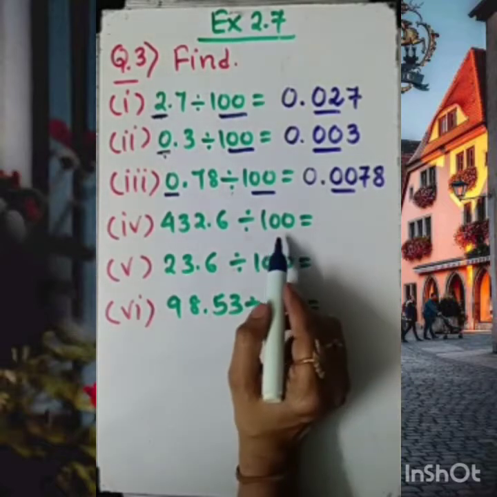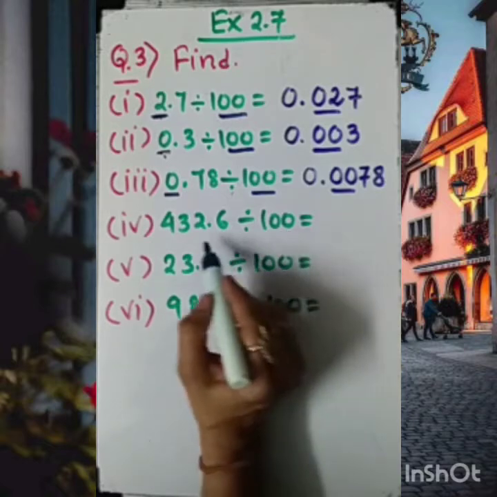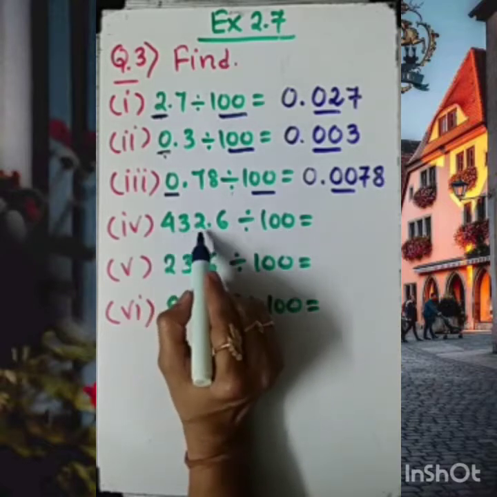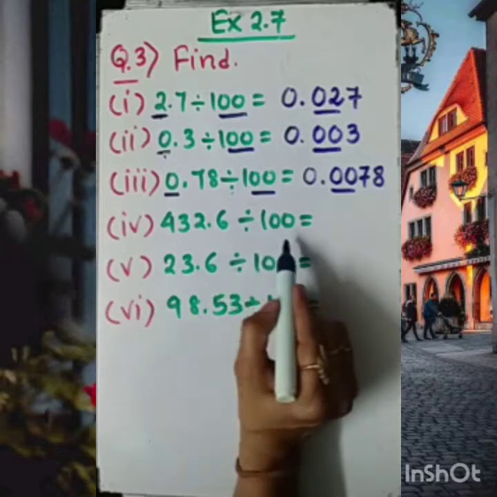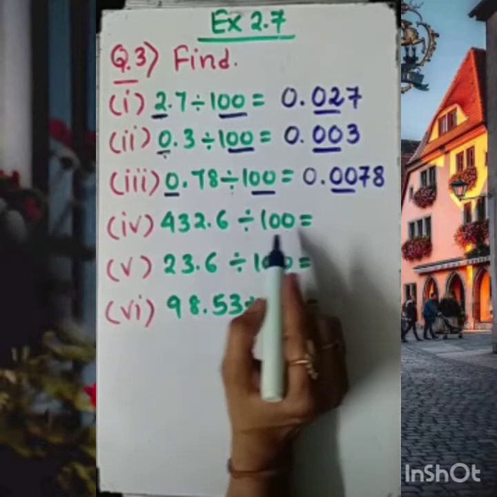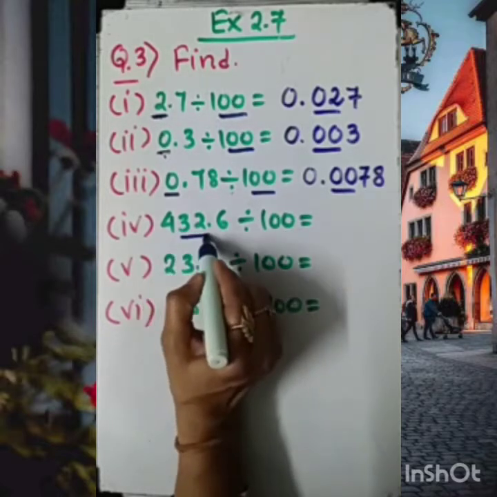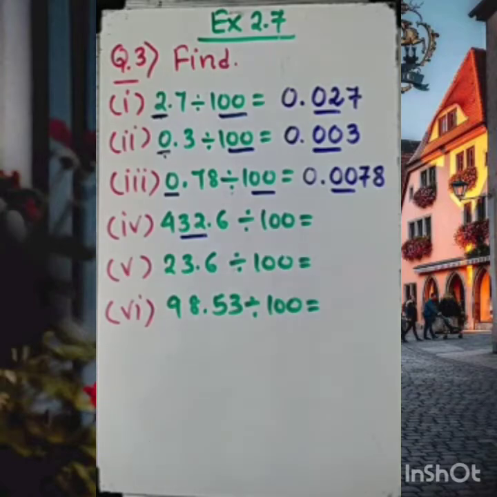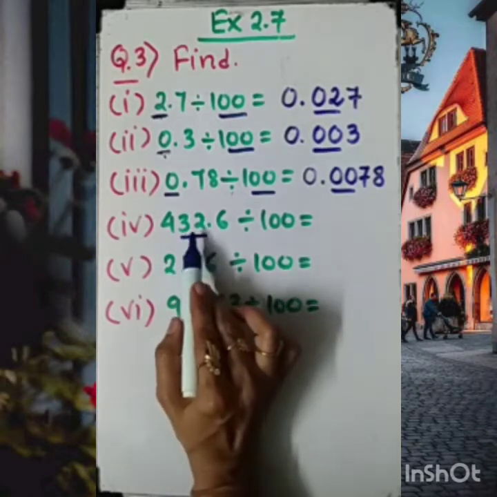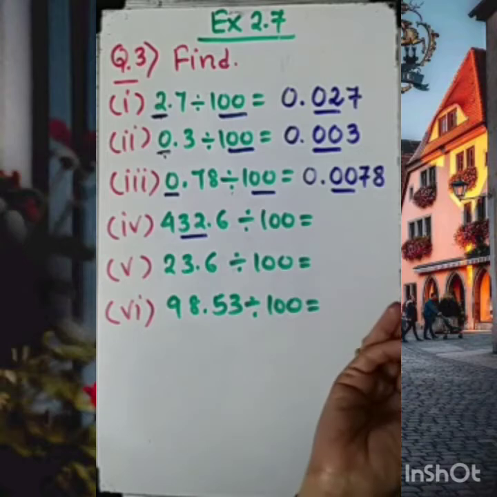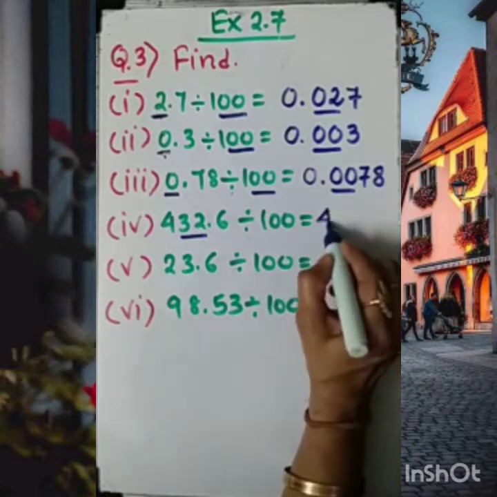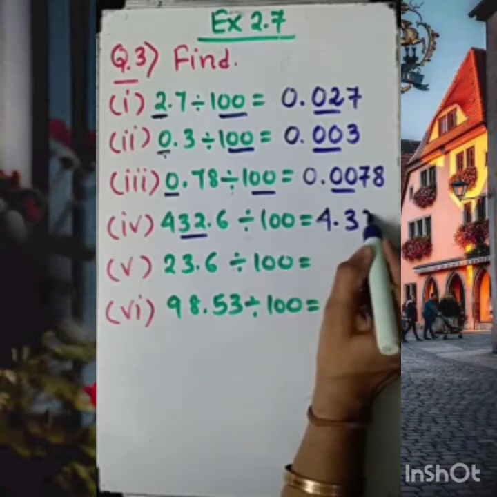Now, this is also very easy. Look at your screen. Here we are given 432.6. We are going to divide it by 100. So in that case, we need to shift this 2 digit to the left side. So what do we have? 4.326.